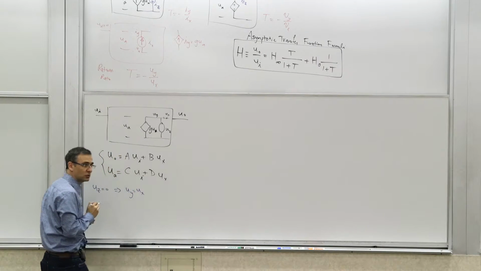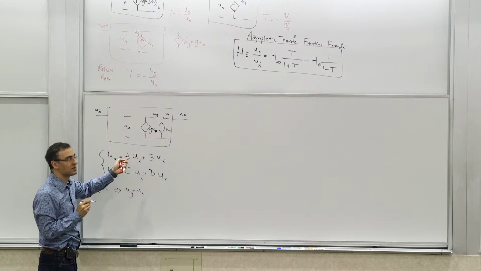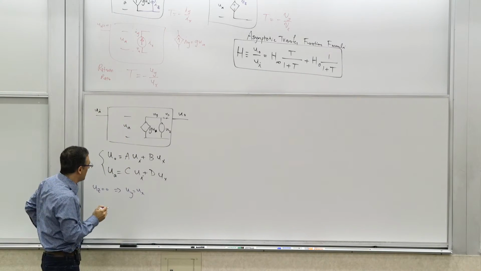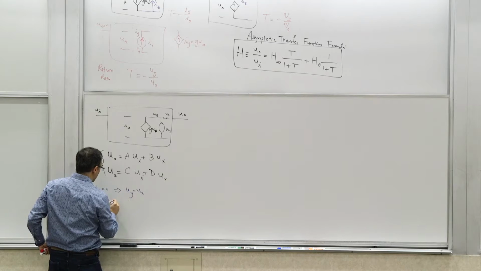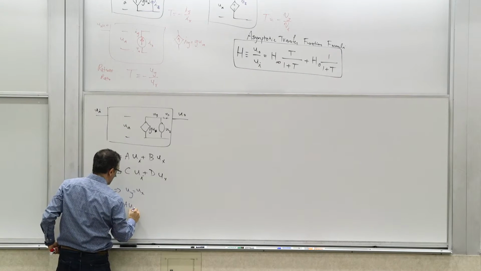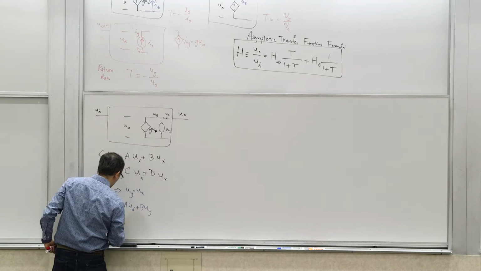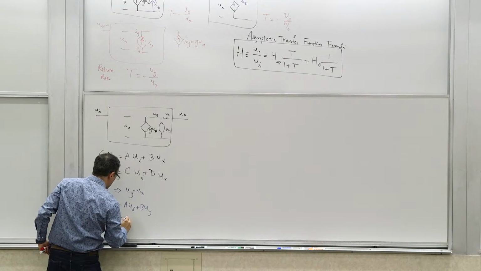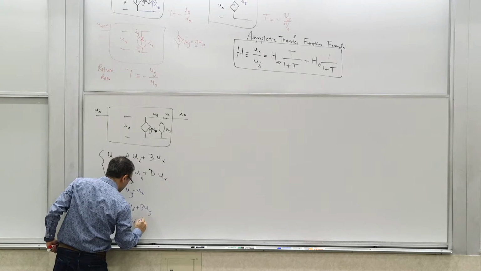Uy is equal to Ux, right? Because the Uz was the difference between them. Now, therefore, this equation becomes Uo equals A Ui plus B Uy, and then this becomes Ua equals C Ui plus D Uy.